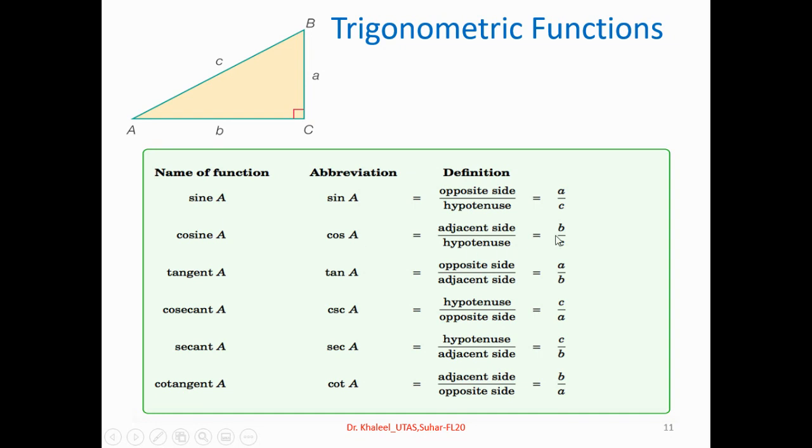Cosine is adjacent by hypotenuse, tangent is opposite by adjacent, cosecant is hypotenuse by opposite, secant is hypotenuse by adjacent, cotangent is adjacent by opposite. So these are the six trigonometric functions: the names, the short forms, the definitions.